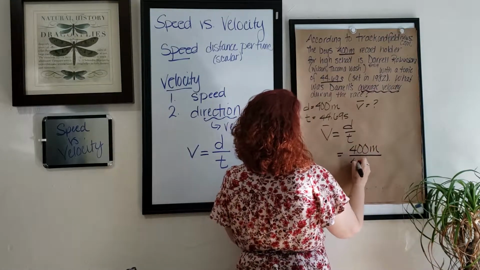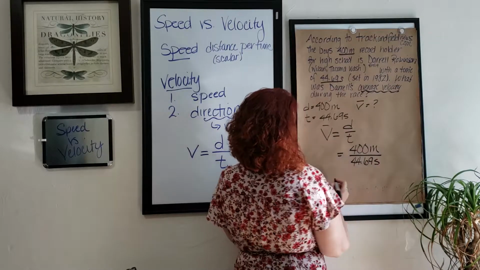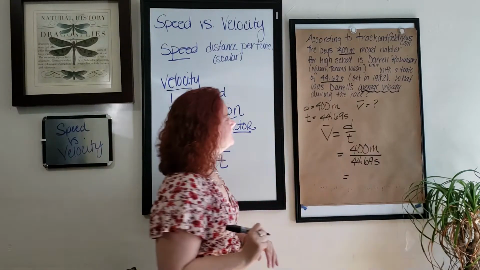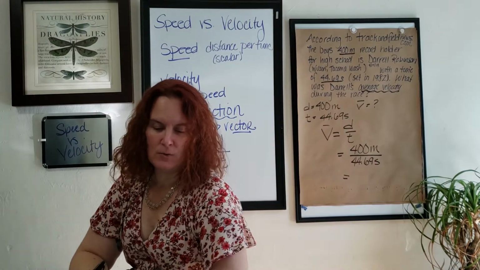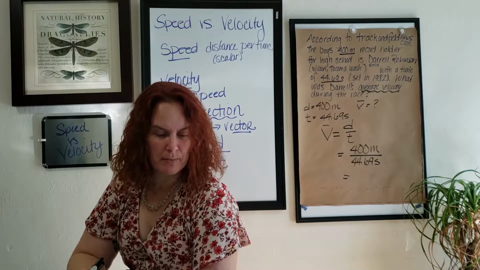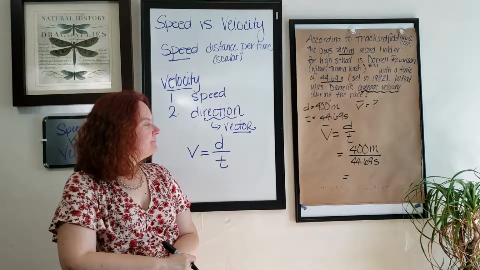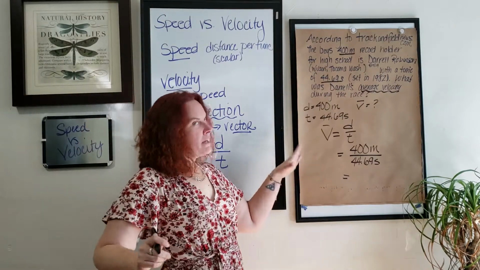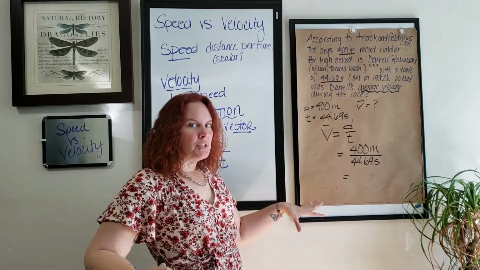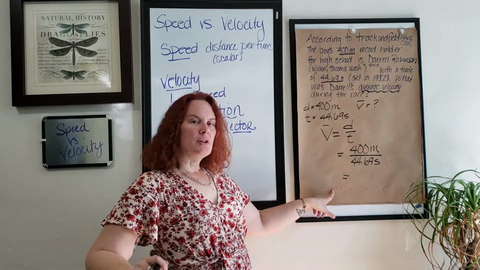Over our time of 44.69 seconds. We're going to be doing a lot of equations here, so we're going to make sure that we always put our units in, and substitute in with our units.